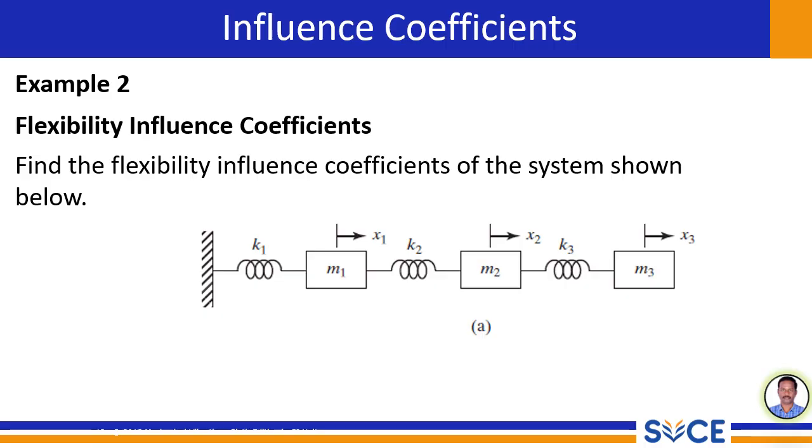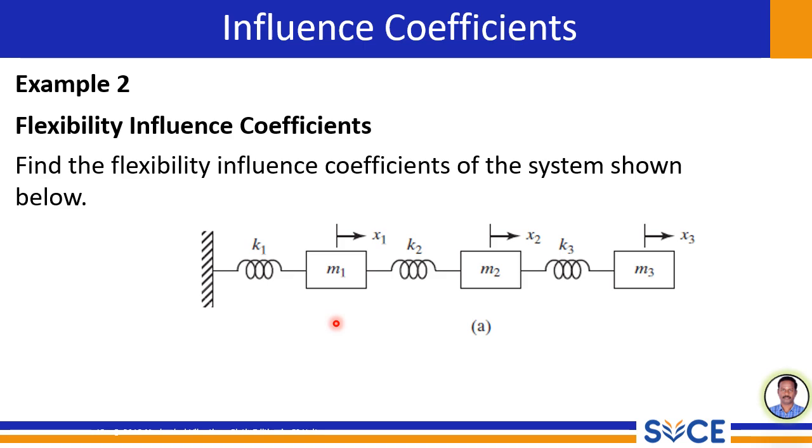Now, let's find the flexibility influence coefficients for the same 3-mass system we analyzed earlier for stiffness influence coefficients. Recall the system consists of 3 masses connected in series by springs with stiffnesses K1, K2, K3, with the first mass connected to a fixed wall by spring K1.